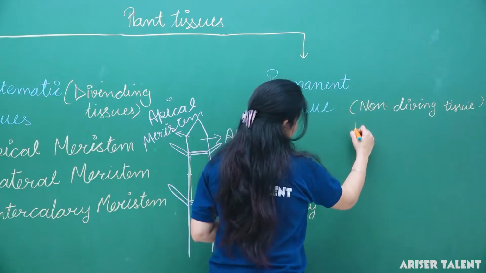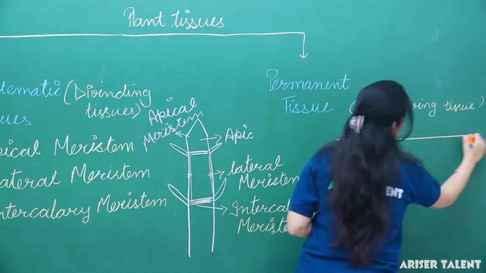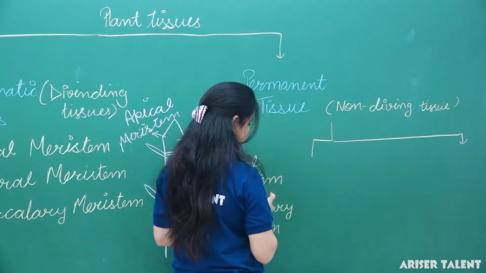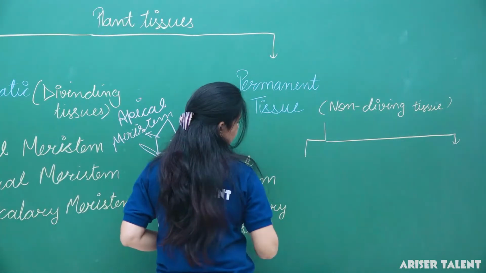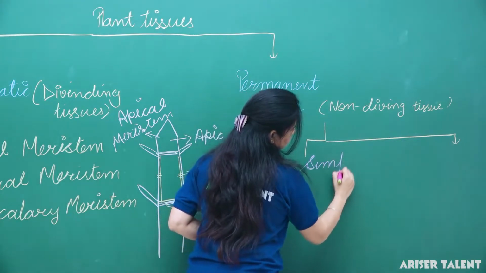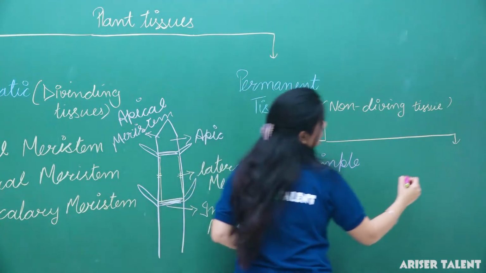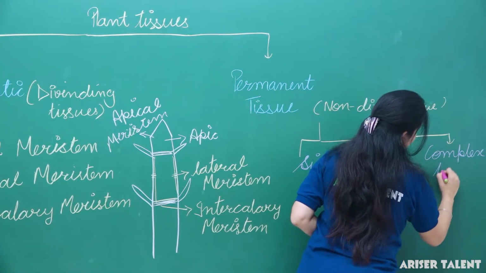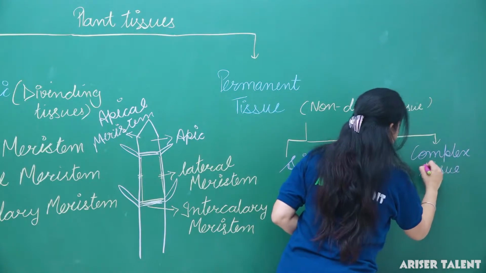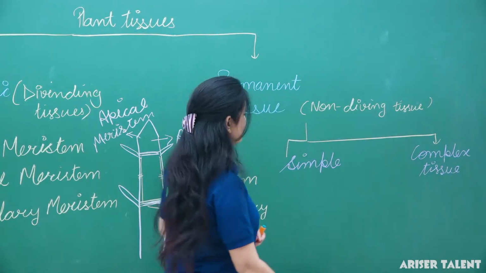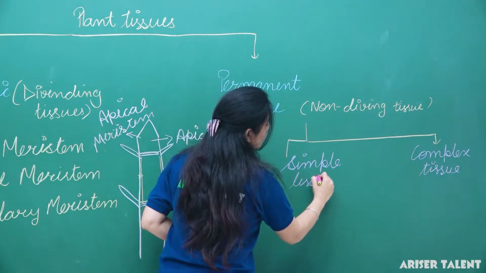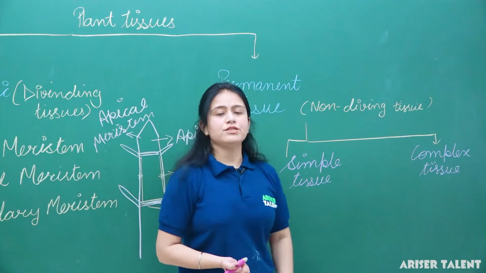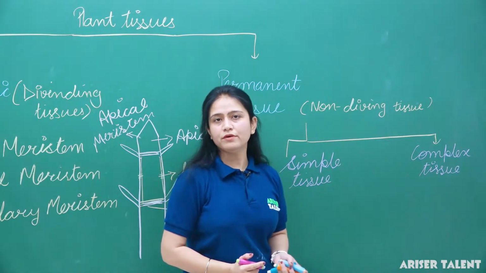They are again of two types: simple and complex. Why do we call them simple tissue and complex tissue? Simple tissues are made up of one type of cell, and complex tissues are made up of more than one type of cell.